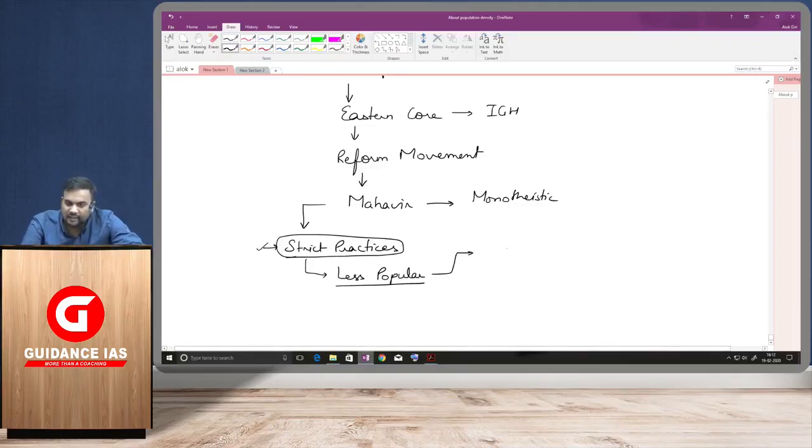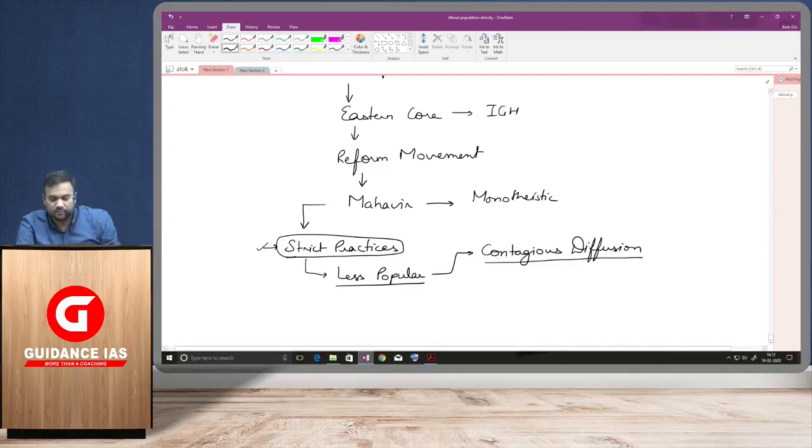And it mainly spread in India through the contagious diffusion process. हमने देखा है, contagious diffusion is a very, very slow process. So it mainly spread through the phenomenon of contagious diffusion in India.